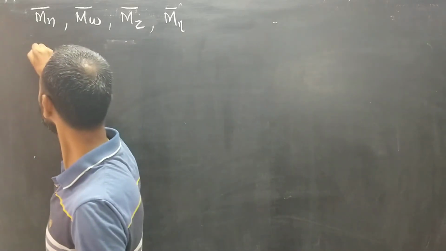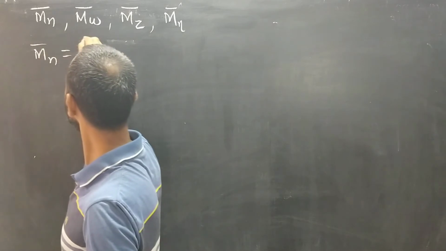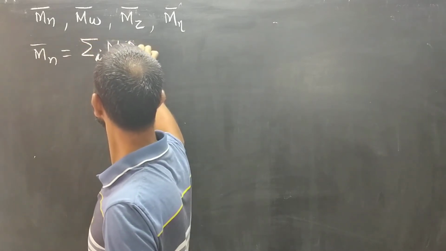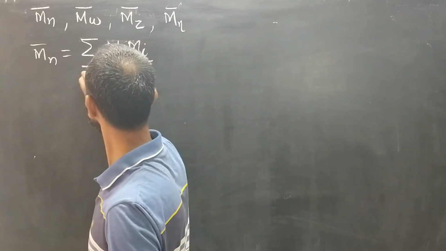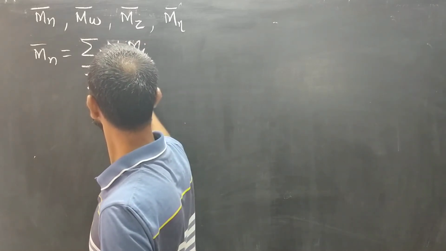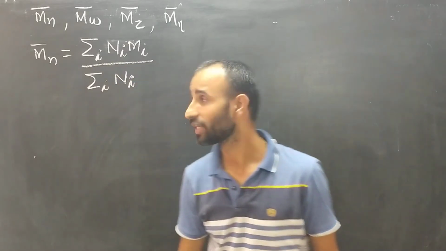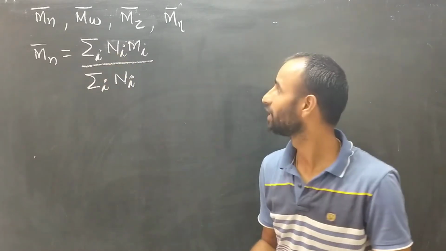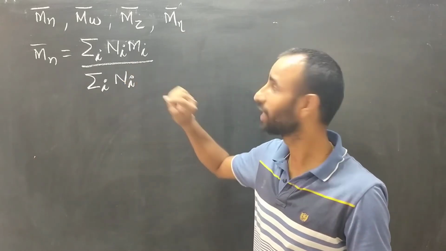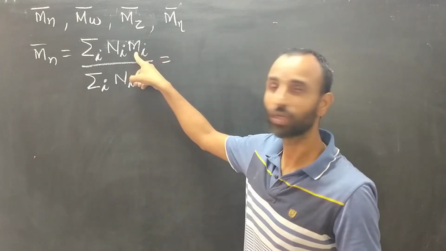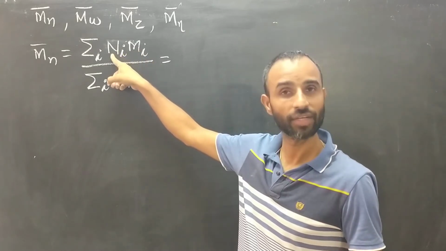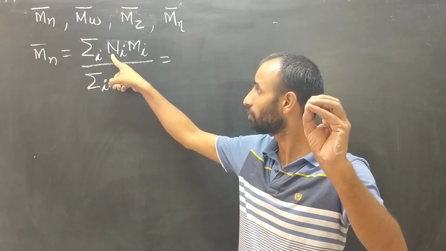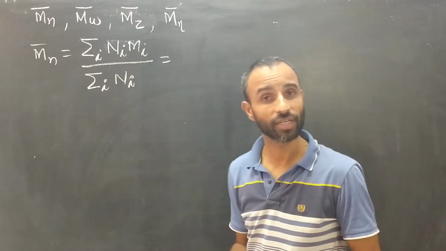For number average, we take the summation of Ni Mi divided by the summation of Ni. Here Mi is the molecular mass of each chain length and Ni is the number of chains with molecular mass Mi.